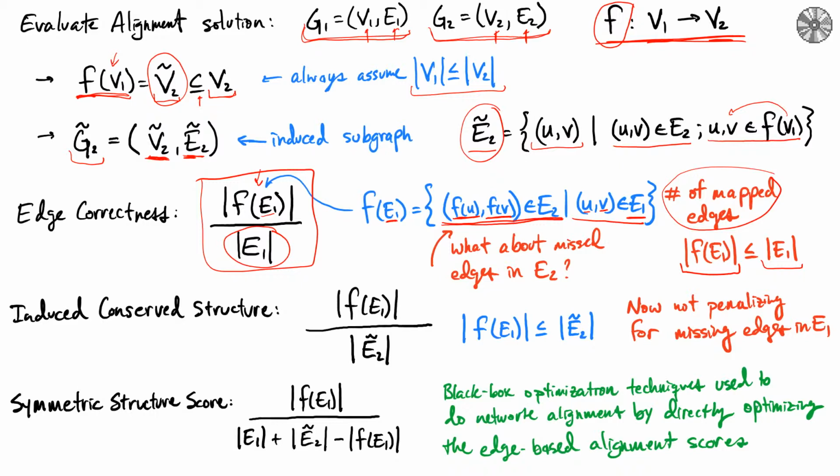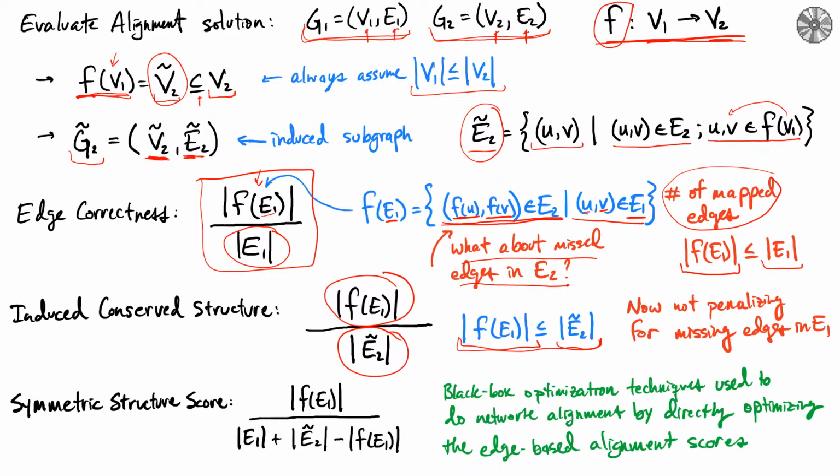So we could be missing edges in the second graph, and so it's important to take those into account. So what if we consider the opposite, which is we keep the same numerator, but we divide by the number of edges in the induced subgraph of the second graph. And so again, this is always going to hold because this is the number of correct edges and this is the number of total edges.